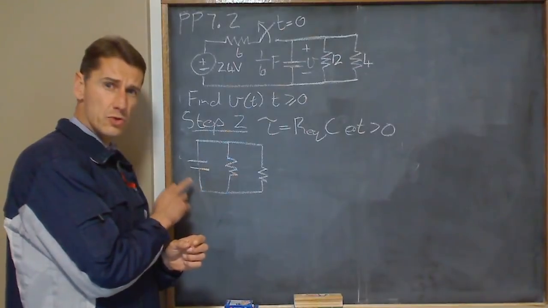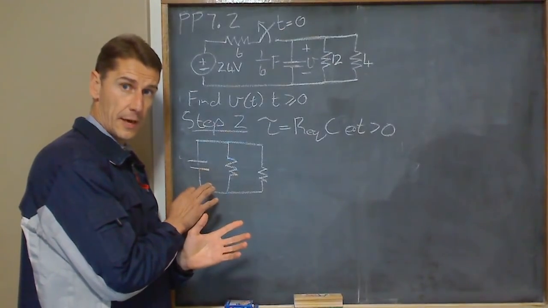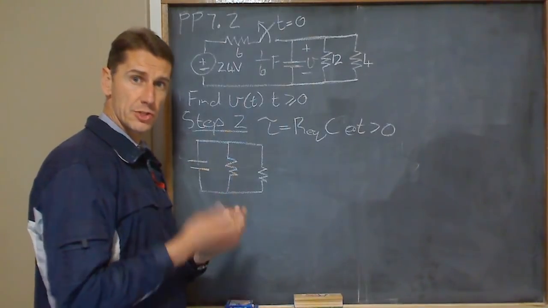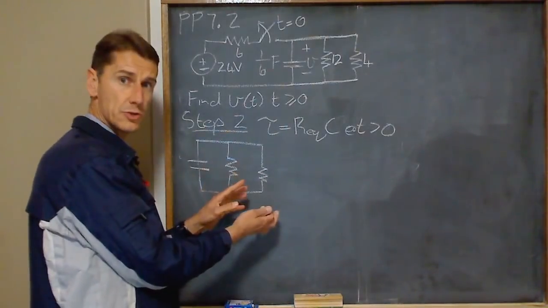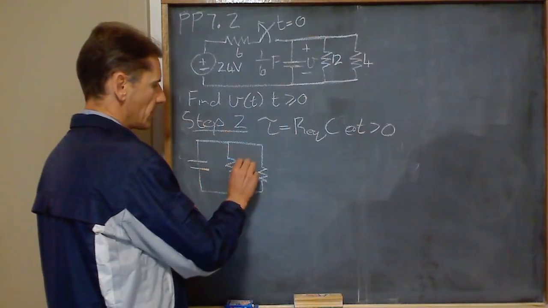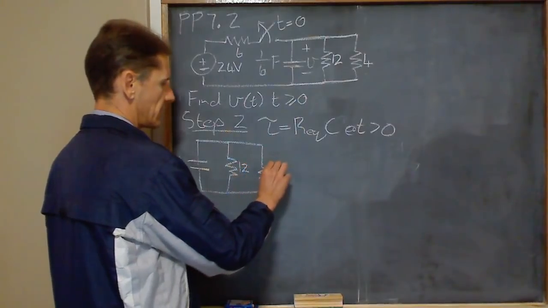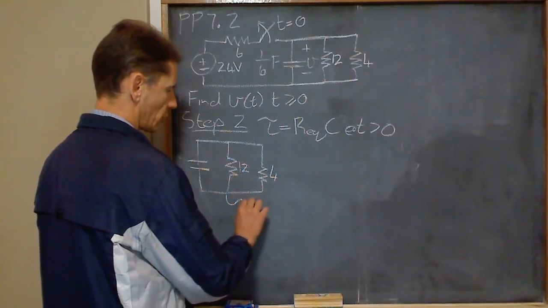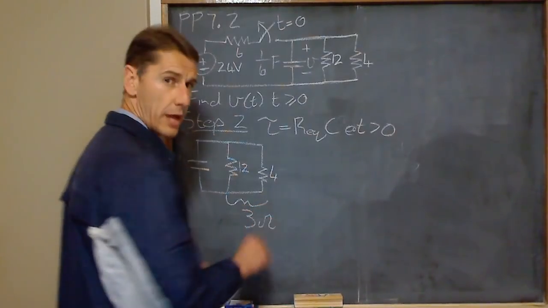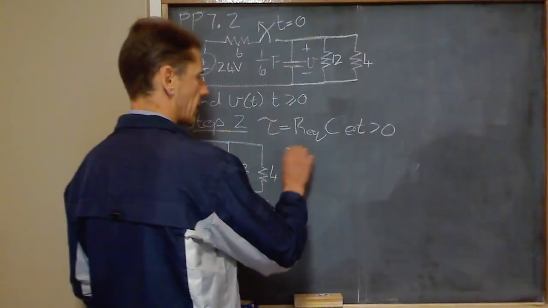Now you'll notice I'm not drawing the capacitor as an open circuit now. The moment that the switch opens, current starts to flow from that capacitor into those two resistors, so it's no longer an open circuit. So this was the 12, this is a 4, and we already saw that the combination of this is 3 ohms. So from that, we can go and calculate.